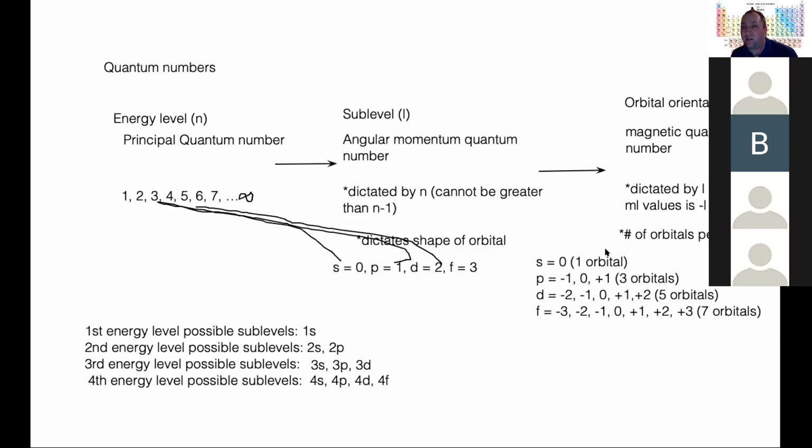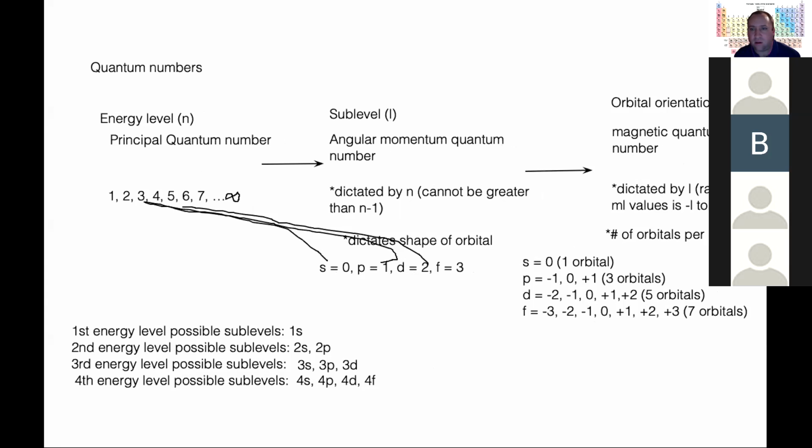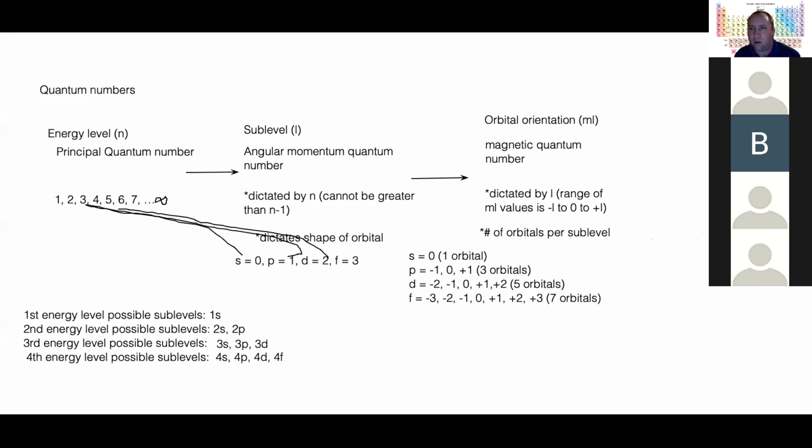And the answer there is 2, because the last quantum number that we would need to look at is something called electron spin. And so that's m sub s. And what we're talking about here is a specific electron in an orbital.